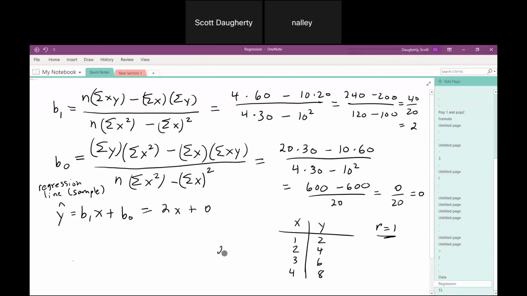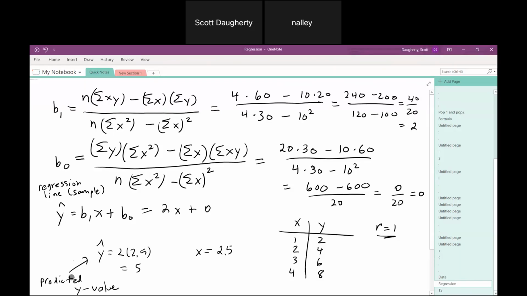So again, what happens if x is 2.5? Well, my best prediction would be plug 2.5 into here, and my predicted y value would be 5. And remember, this is the predicted y value, so that's why we put a little hat on it. This is my predicted y value.